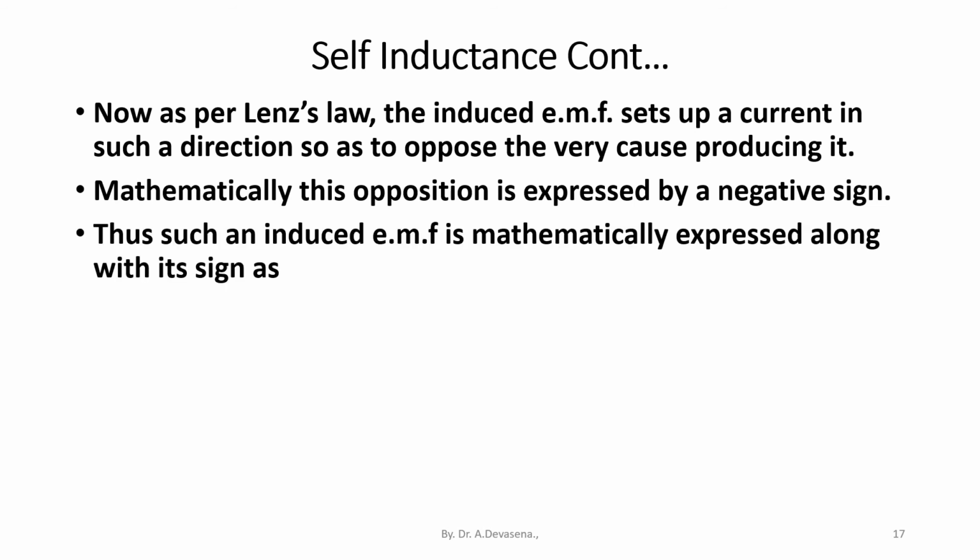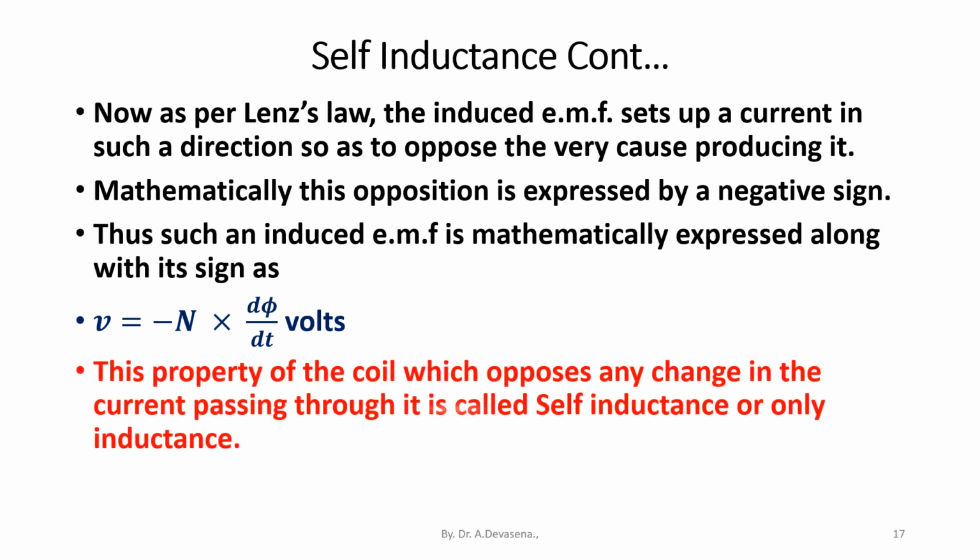Thus, such an induced EMF is mathematically expressed along with its sign as V is equal to minus N into d phi by dt. This property of the coil which opposes any change in the current passing through it is called self-inductance or only inductance.